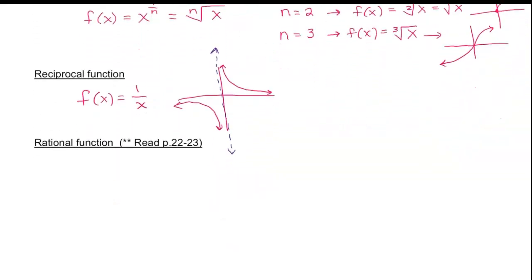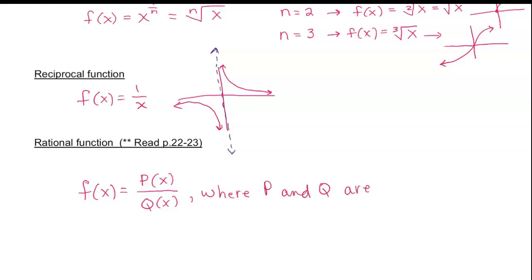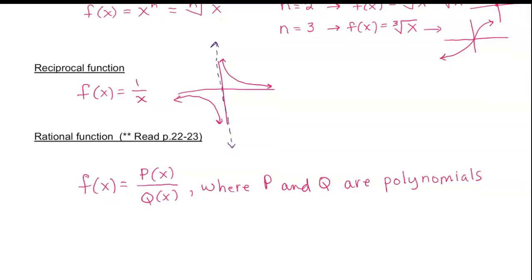So you might think of that vertical asymptote from time to time. A rational function is similar to a reciprocal function, but the rational function has a function in the numerator and a function in the denominator, and those functions are polynomials. So I'll write that, where P and Q are polynomials. This is perhaps the most interesting type of graph we could end up with.